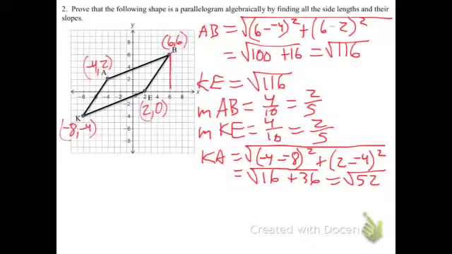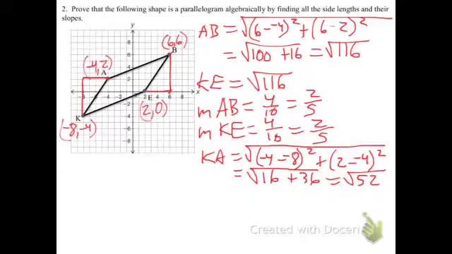And if you look at that distance for both KA and EB, the change in the y for both is the same, which is a change of 1, 2, 3, 4, 5, 6. And so the change for both the y's is 6, which is where the 36 comes from.